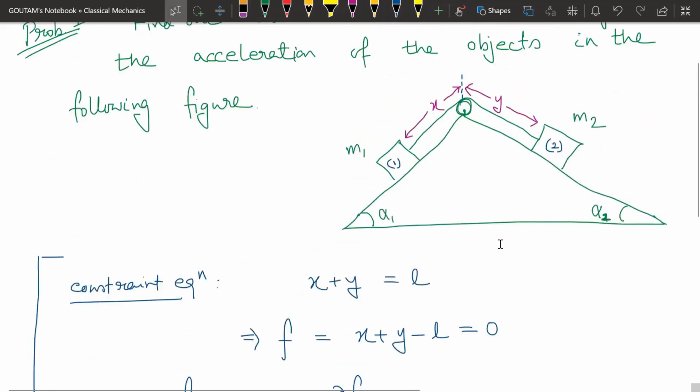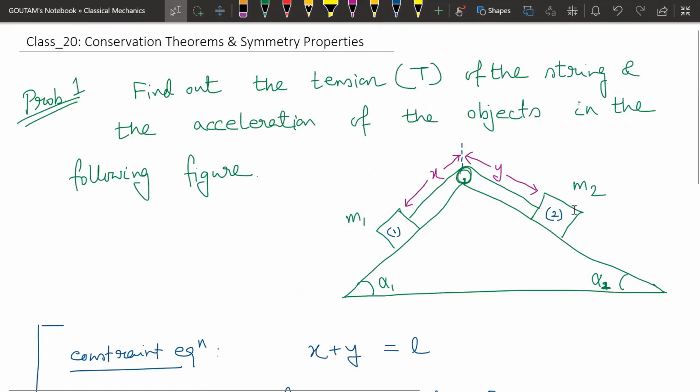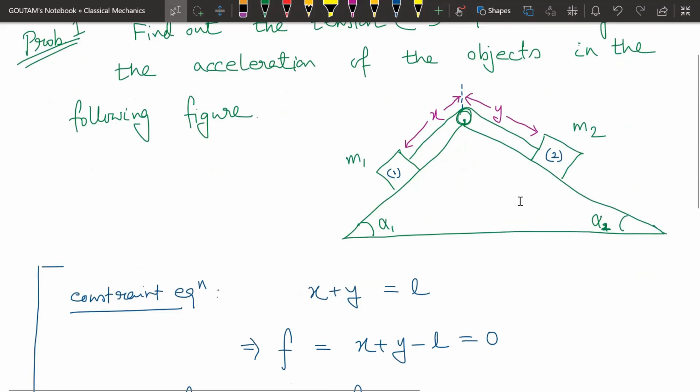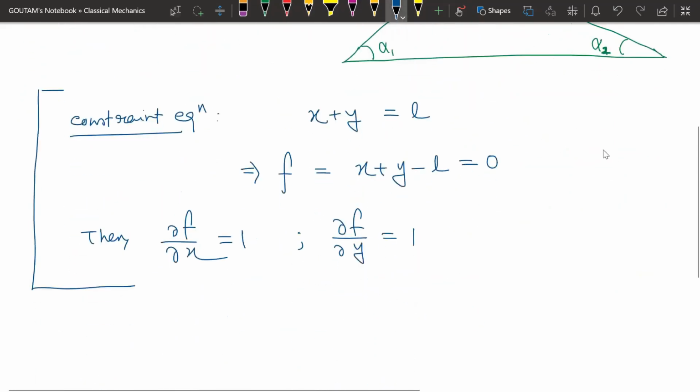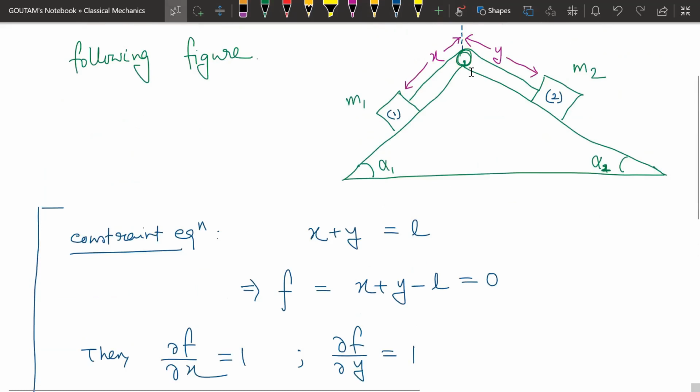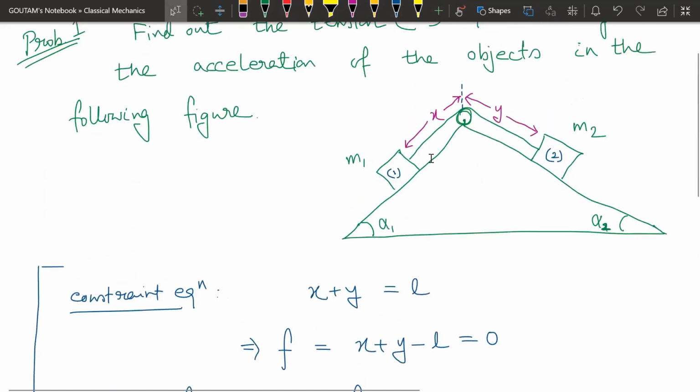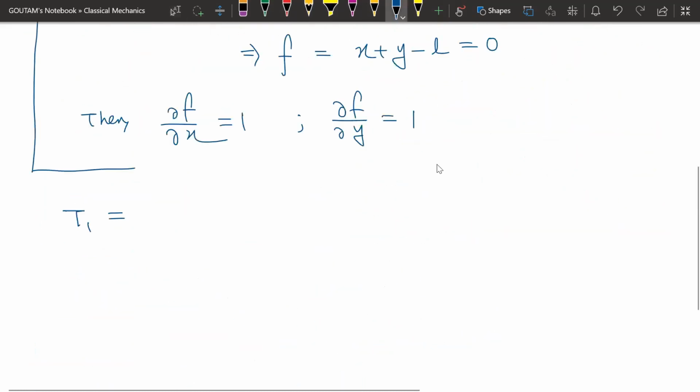Now let's define the kinetic energy. Let's calculate the kinetic energy of these two masses and the potential energy of them. So first of all, the kinetic energies. The kinetic energy for the first object will be half m1 x dot square, right?